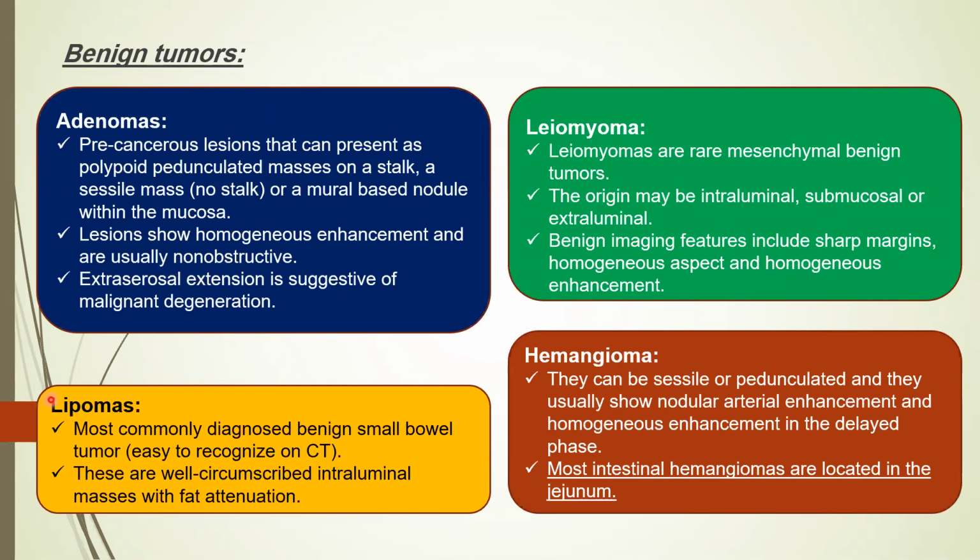The lipoma is the most distinct among all these tumors because it can be easily recognized by CT or MR as a low attenuation mass on CT and a low intensity mass on fat-sat MRI.